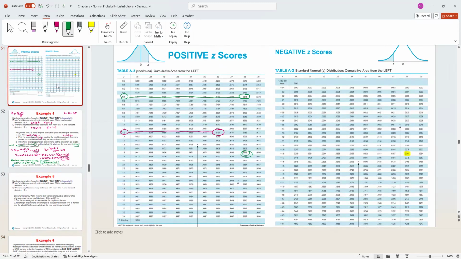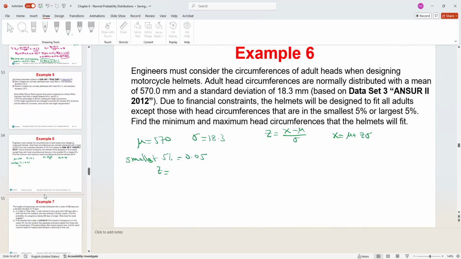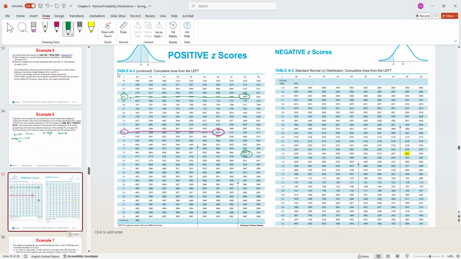If we go with the table that I'm going to put down here for you to see, let's see where 0.05 is located. It's either here or there.